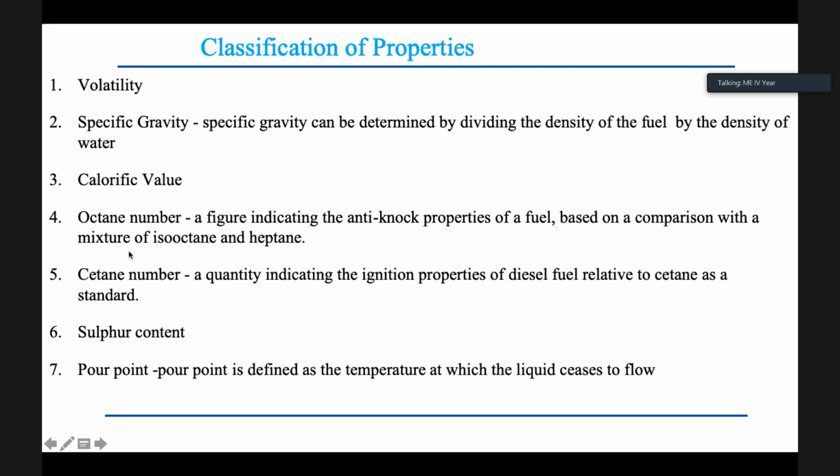These numbers are most often used for anti-knocking properties of your fuel. For pollution standards, there is the sulfur content and pour point. So these are the properties of fuels that are considered while selecting for any specific engines.